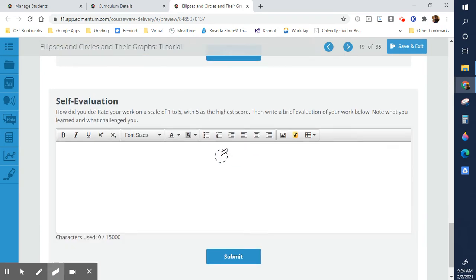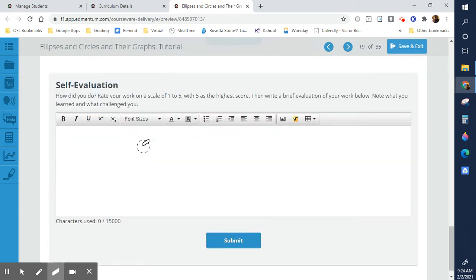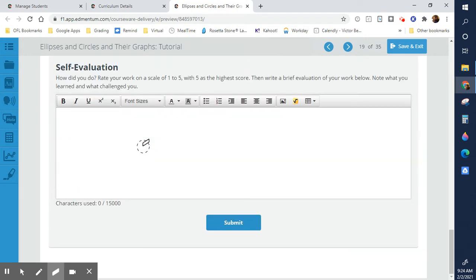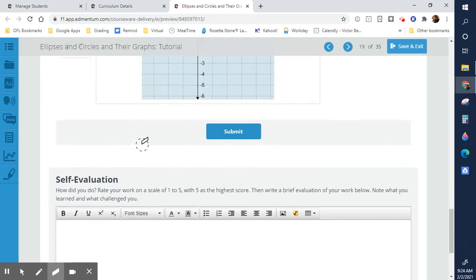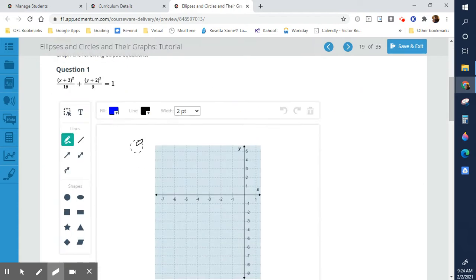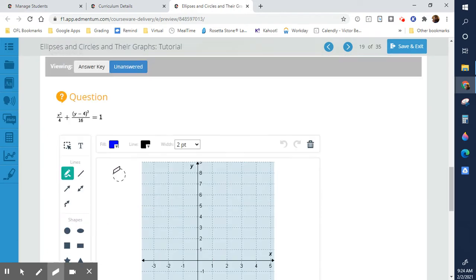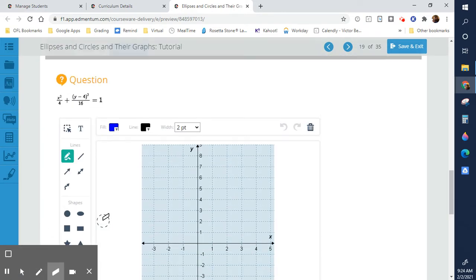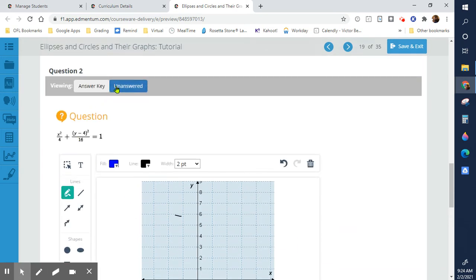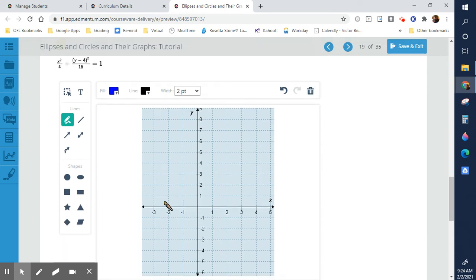All right, so let's move down. So do your evaluation, see if you understand how to identify if it's a vertical or a horizontal ellipse. If you're still having trouble with that and your circles did not come out the way they were intended, let me see if it lets me draw here. Oh, this one does let me draw. So the way I recommend doing this, I'm going to reset everything, is you're going to draw your circle.